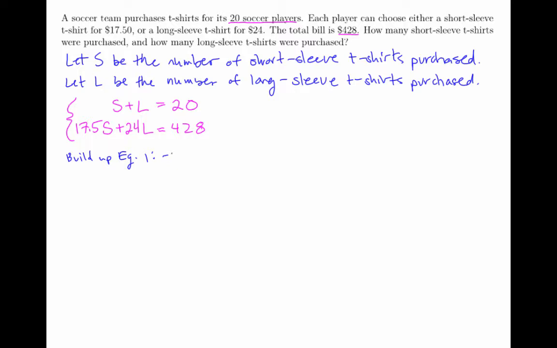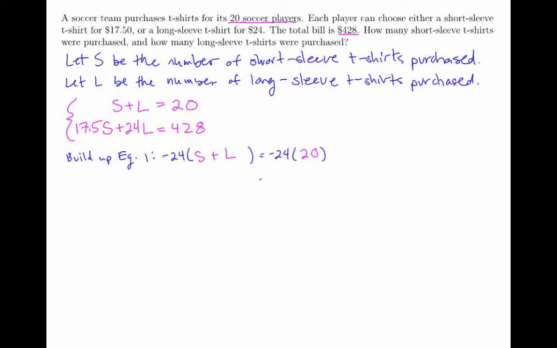So we'll multiply that left side by negative 24, and then we'll multiply the right side by negative 24 as well. And that'll give us an equivalent equation that will work well to eliminate that variable. So on the left side, we have negative 24 times that quantity s plus L, and on the right side, we have negative 24 times 20.